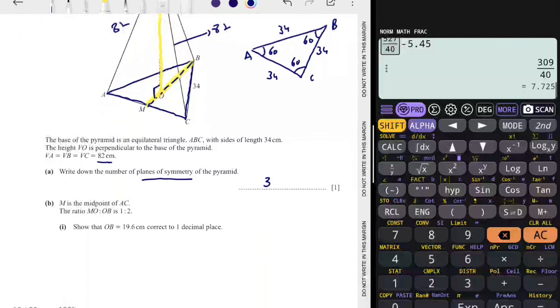Now next part. M is the midpoint of AC. So it shows that if your AC is 34, so MC would be equal to 17 and AM would also be equal to 17.